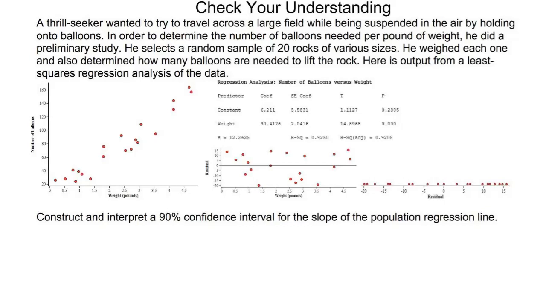So now I'm looking at this residual plot right here. Do we have a Christmas tree shape? No. Do we have any kind of leftover shape? Not really. So we have equal standard deviation. So L-I-N-E and then R. Random. Do we get random? Why? Random sample of 20 rocks of various sizes.